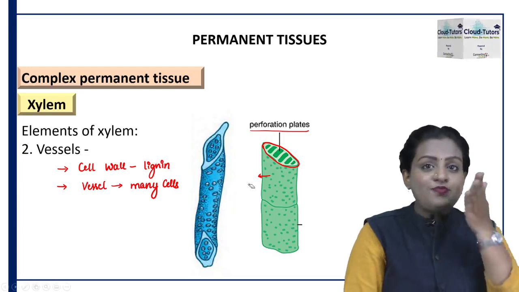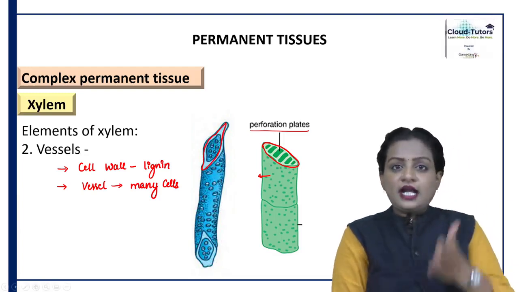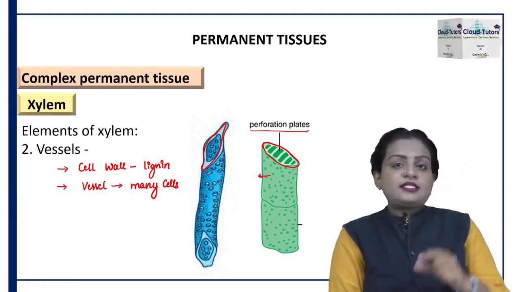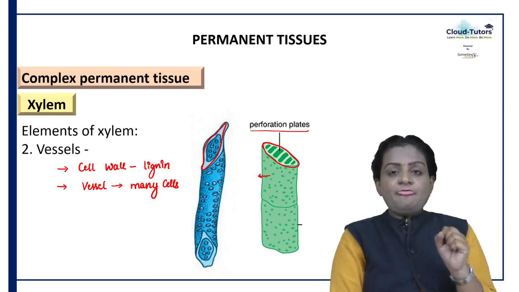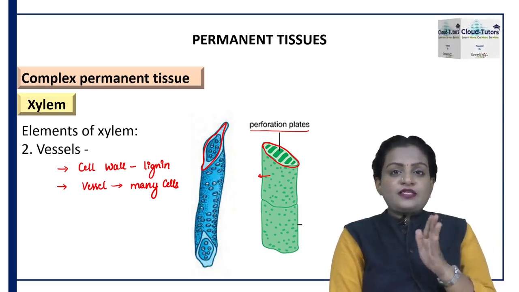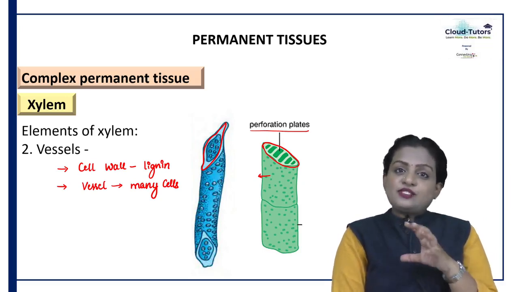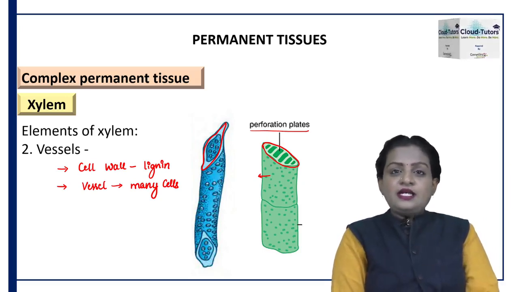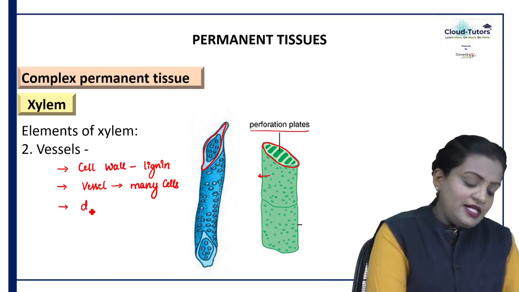They have oblique cell wall. So obliquely cut or diagonally cut cell wall. And the cell wall is perforated. That means once they were living, and as the vessel becomes more and more differentiated, the protoplasm is lost from the cell and only the cell wall persists. And here again it is a dead tissue, dead cell.